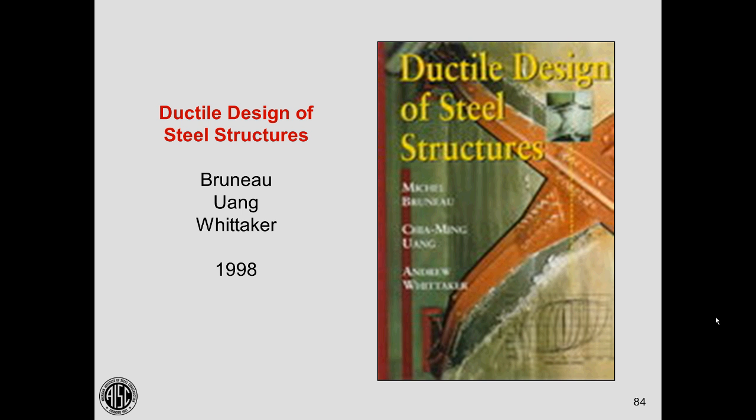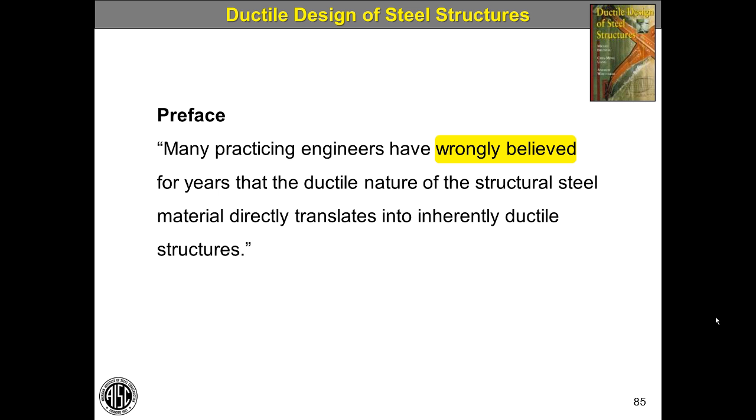Many practicing engineers have wrongly believed for years that the ductile nature of the structural steel material directly translates into an inherently ductile structure. So they are saying this is a wrong belief, that the ductile nature of the steel doesn't directly translate into an inherently ductile structure.